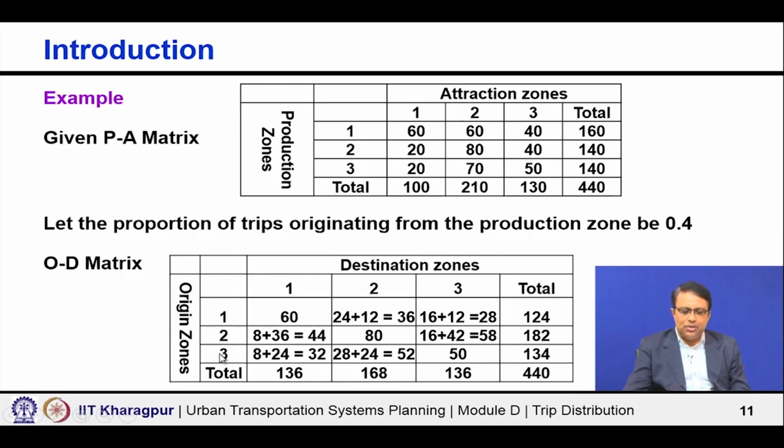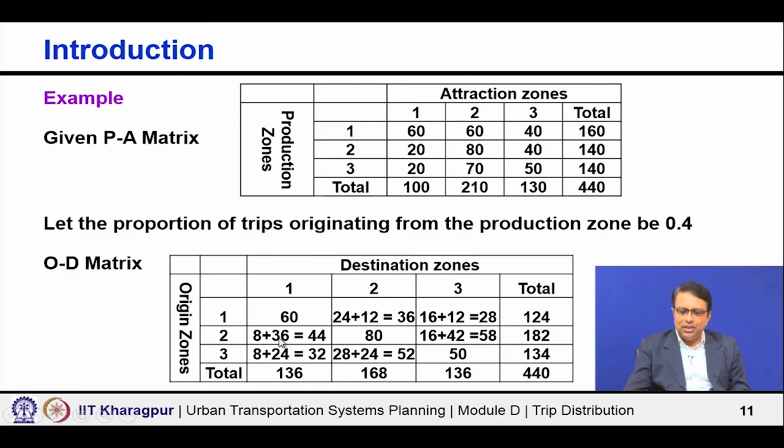If I come to the 2 to 1 cell of this OD matrix, then 8, how do we get it? We have got 20 in the PA matrix. So, 40% of those 20 are actually happening 2 to 1. So, their production is at 2, attraction is at 1, origin is also 2, destination is 1, plus 36.